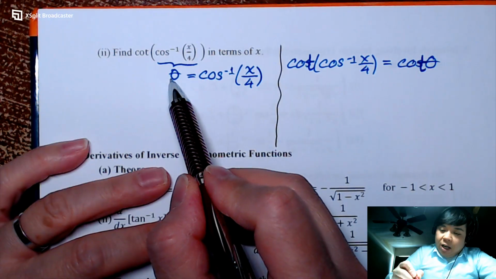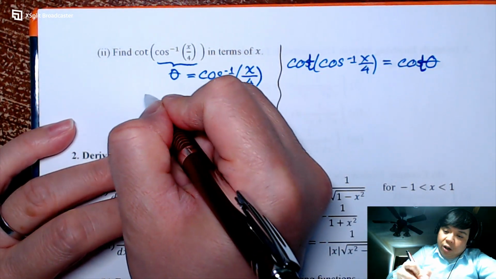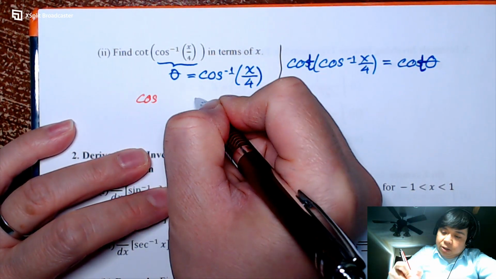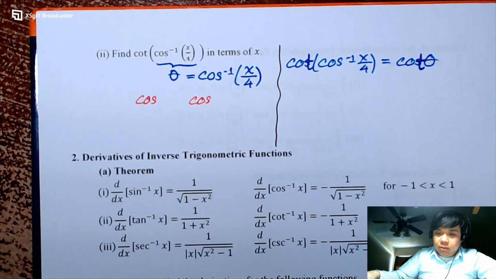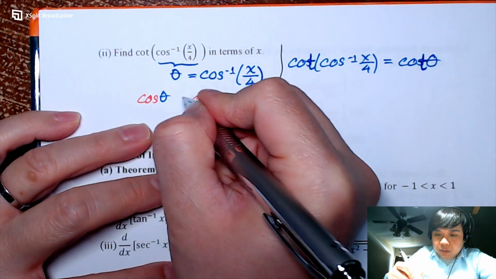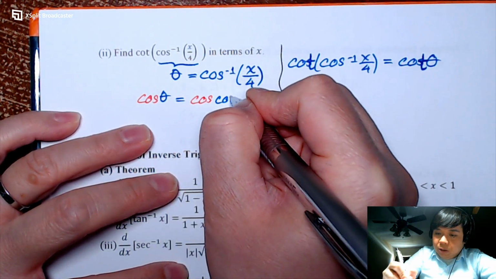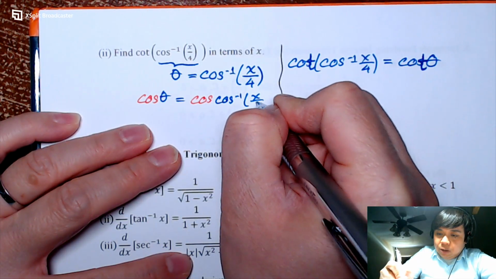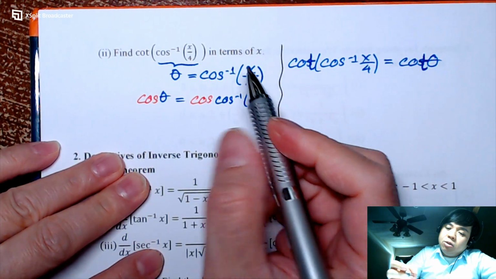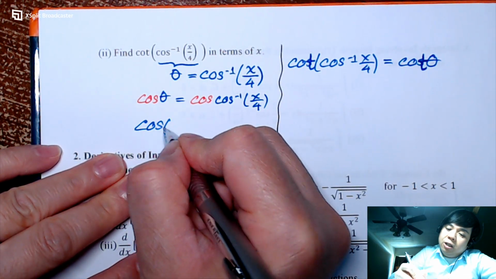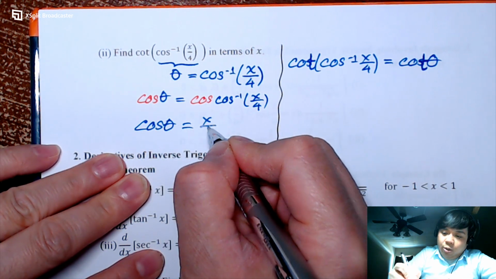Okay, so theta, if we take the cosine on both sides, that gives us what? Cosine theta is equal to x over 4.